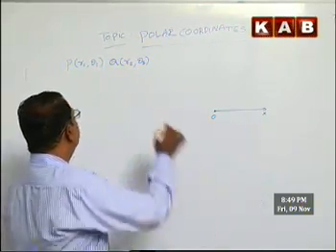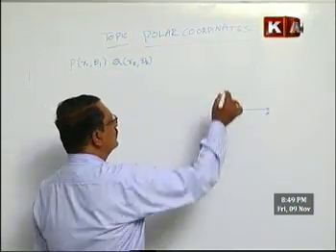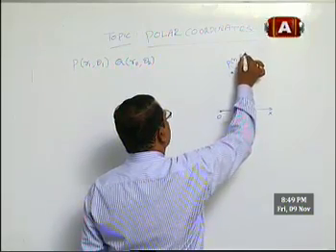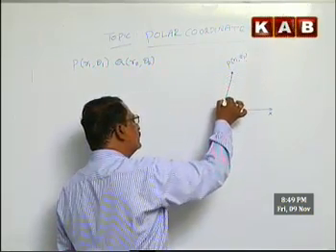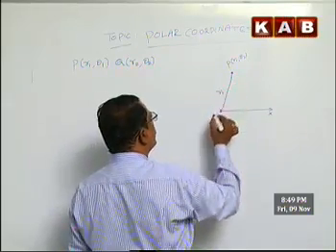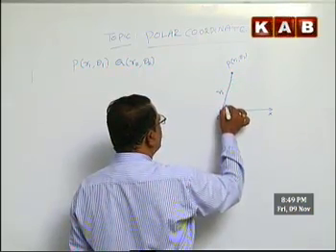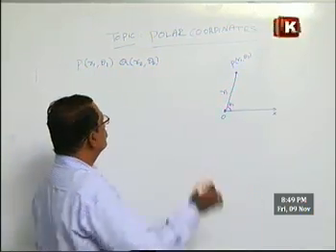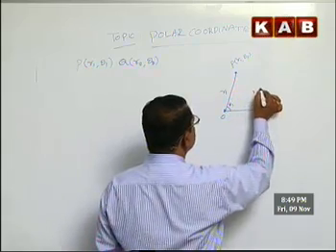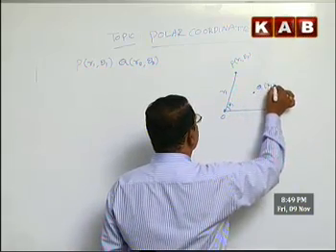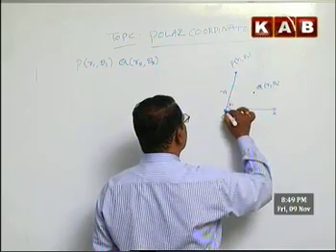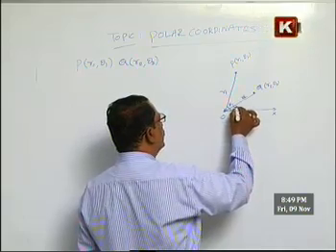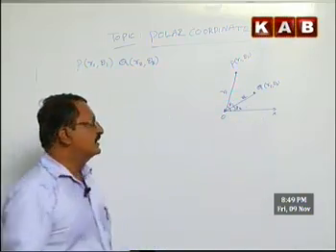The first point is P (r1, theta 1), so OP equals r1 and OP is inclined at an angle theta 1 with the polar axis or initial line. Next, the second point Q (r2, theta 2): OQ equals r2 and OQ is inclined at an angle theta 2 with the initial line.